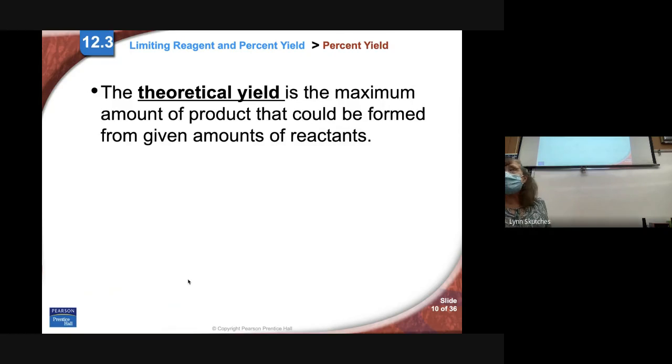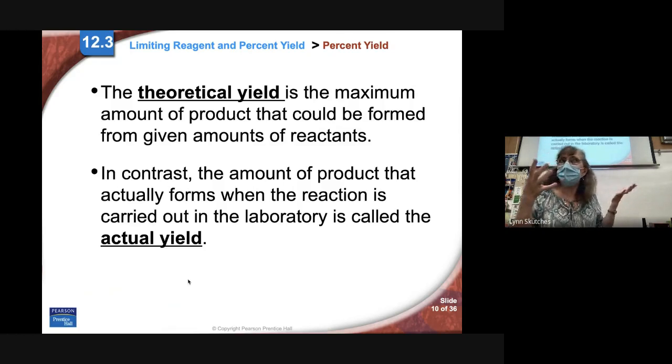So theoretical yield is what the recipe, the balanced equation, tells you you're supposed to get. The actual yield, unsurprisingly, is what you actually get. Okay. And you have the equation on your paper, but I'll write it one more time.